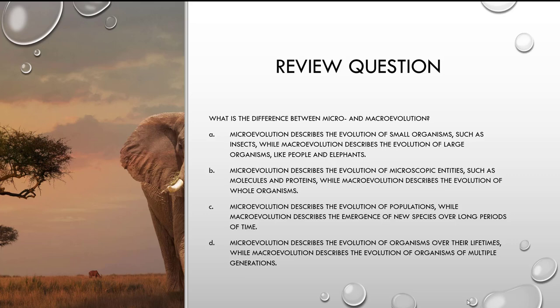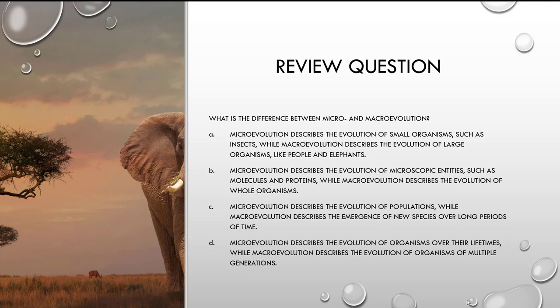All right, so what is the difference between micro and macroevolution? Is it A, microevolution describes the evolution of small organisms such as insects, while macroevolution describes the evolution of large organisms like people and elephants? Or is it B, microevolution describes the evolution of microscopic entities such as molecules and proteins, while macroevolution describes the evolution of whole organisms?